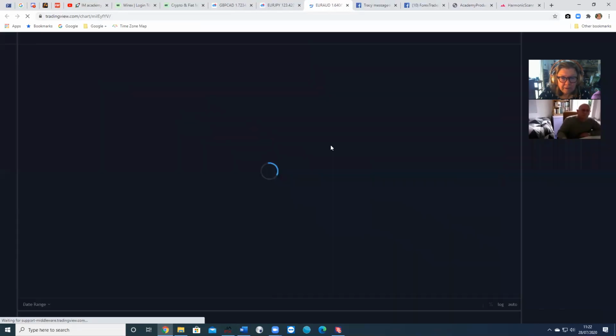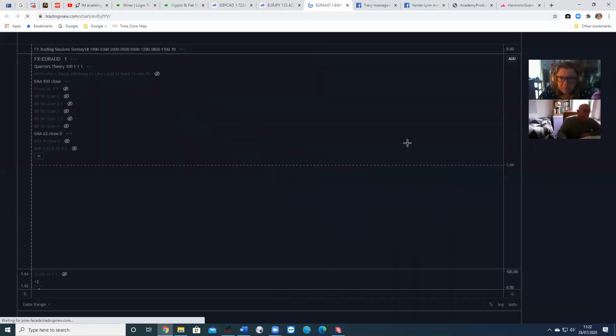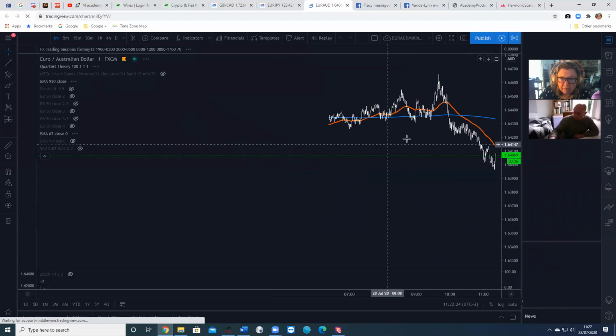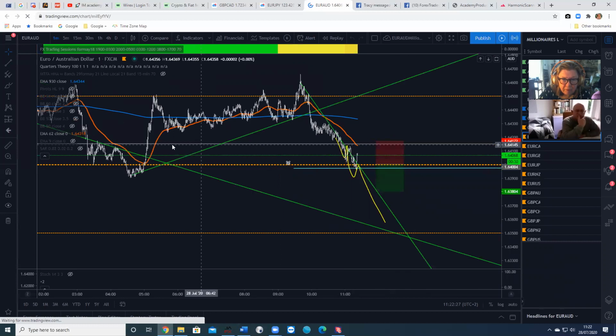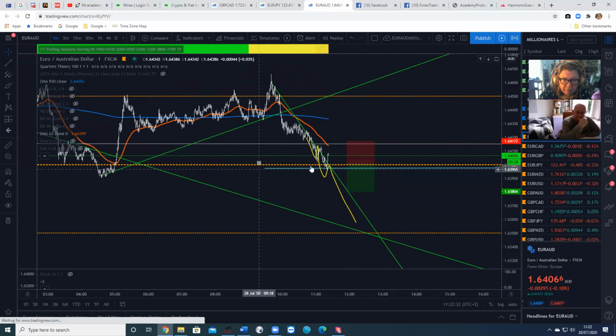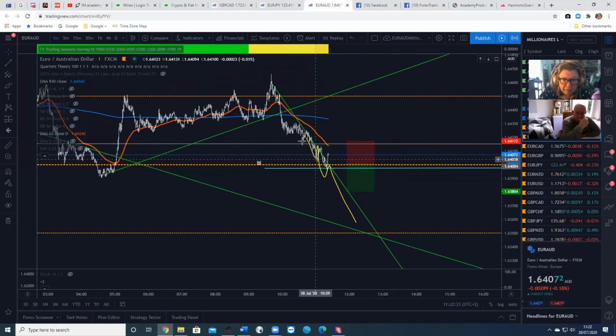And then we'll call it a day for our. So what have we got happening here? We're waiting for a break and a retest of quarter theory. It's just broken it there. So you need a bit more.